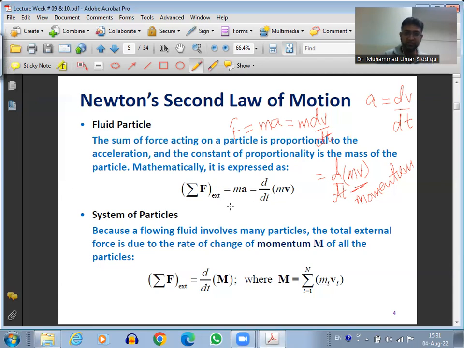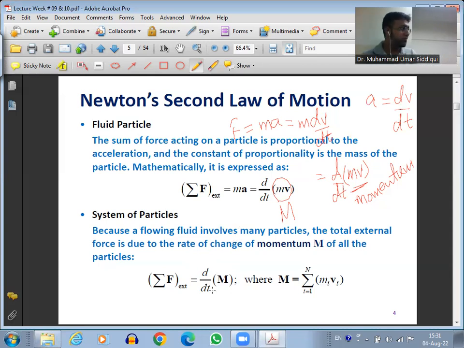Summation F equals ma, which equals d/dt of mv. So this mv is basically the momentum, which I can write here as capital M. Because a flowing fluid involves many particles, the total external force is due to the rate of change of momentum of all the particles.